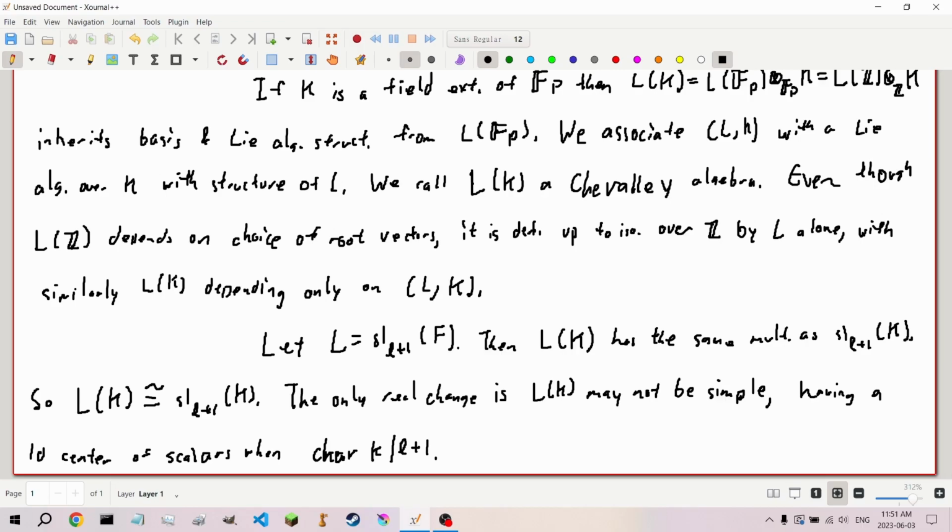Essentially, it's saying that the trace of the identity matrix is, of course, equal to its dimension, and so if you're in, say, characteristic 5, then the 5-dimensional identity matrix will have a trace of 5, which is 0, so it will be in the special linear Lie algebra, despite also being in its center, so that will mess things up.